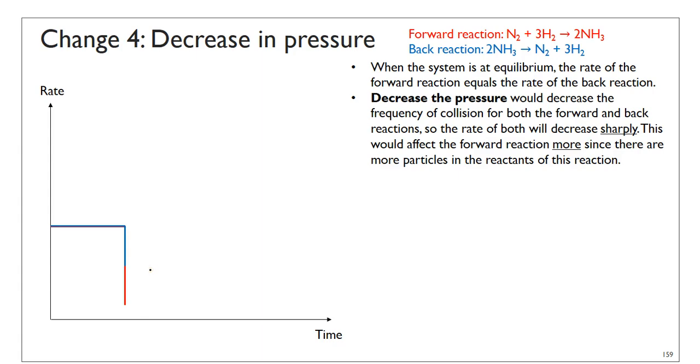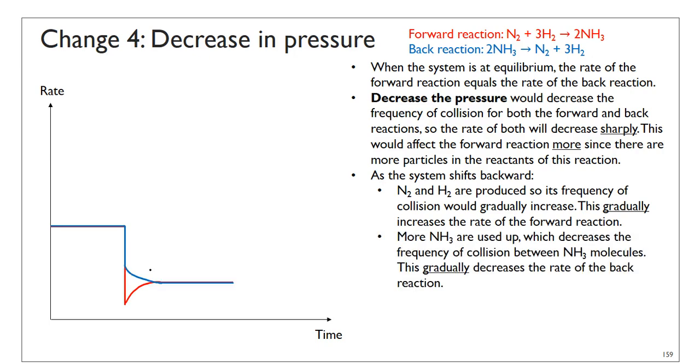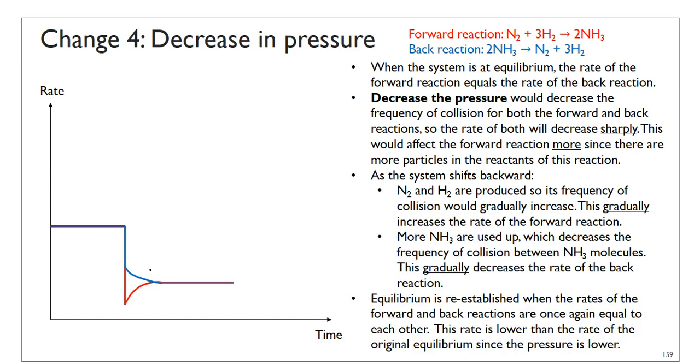So the response is that the system will shift backwards, and if the system shifts backwards, that's going to increase the rate of the forward reaction and decrease the rate of the back reaction. So you're going to see something like this. So eventually the system re-establishes equilibrium, but the rate of the system at this point has to be lower than that of the original equilibrium because overall you have decreased pressure.